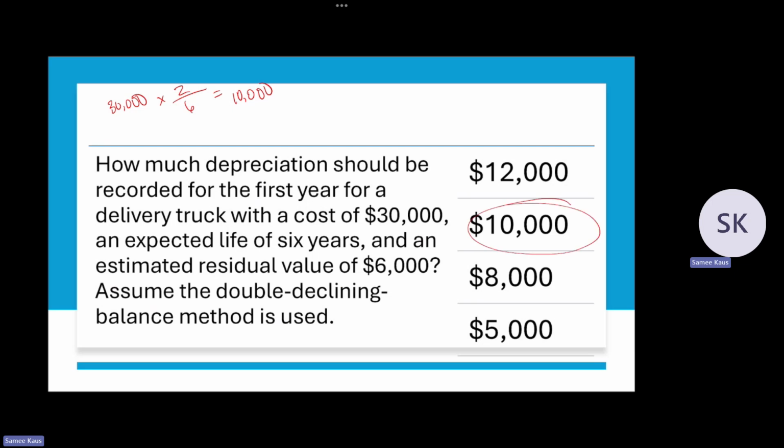So I will have depreciation expense of 10, accumulated depreciation of 10. At the end of year 1, I have a net book value of 30,000 less 10 equals 20,000. Now, if I wanted to calculate depreciation for year 2, I would multiply that by 2 over 6, and so on and so forth.